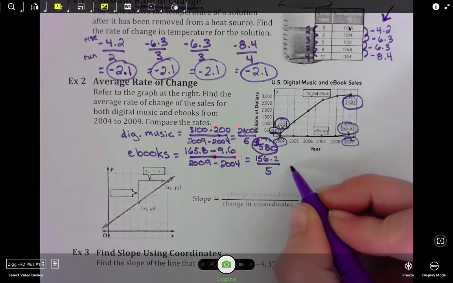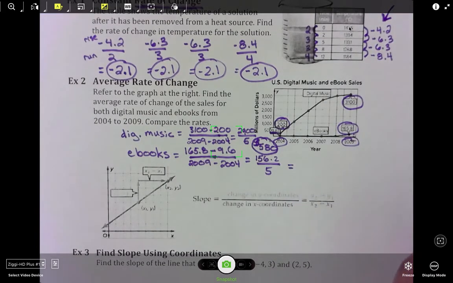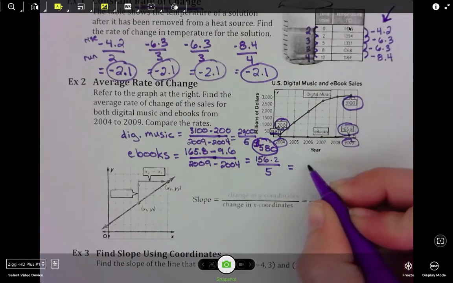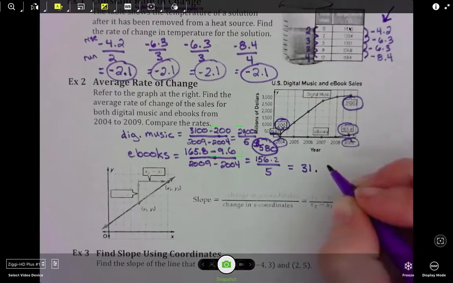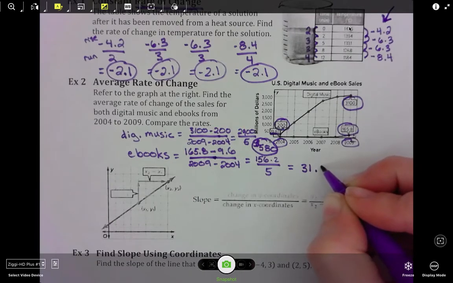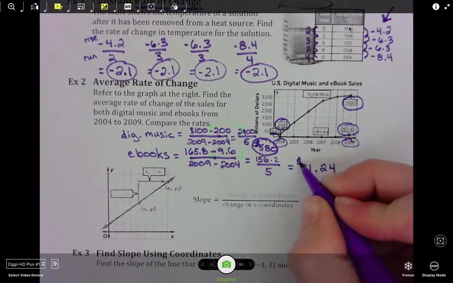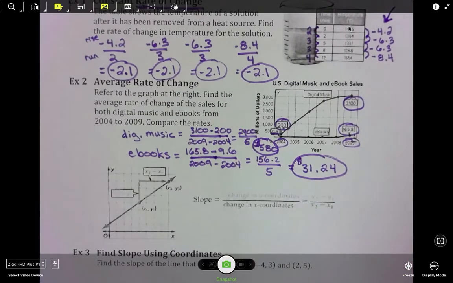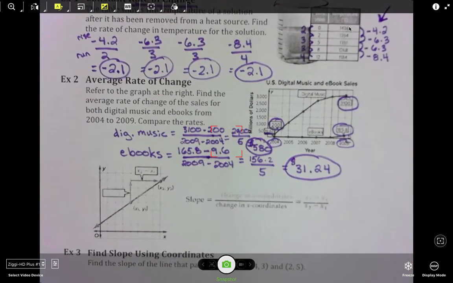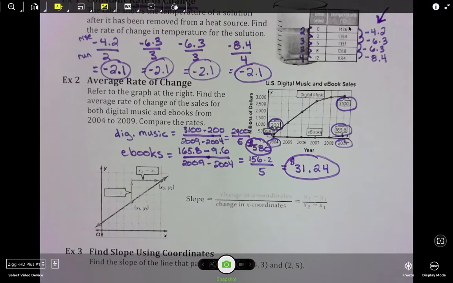Okay. If I take 156.2 and I divide by 5, I don't know, 31.24, maybe. $31.24. I don't know. You check that and make sure in your calculator. So you can look at the rate of change of digital music.